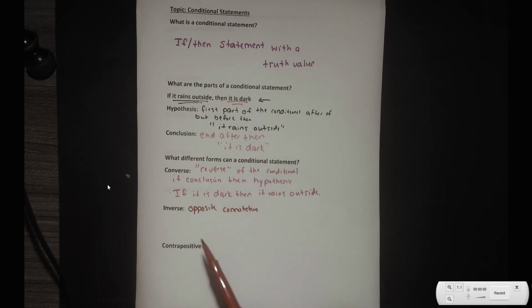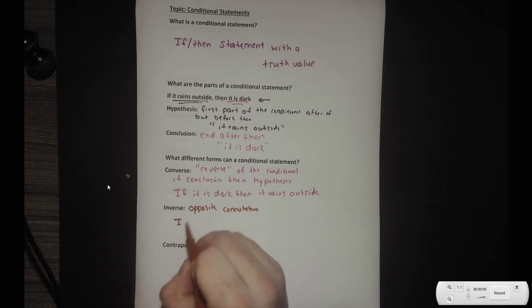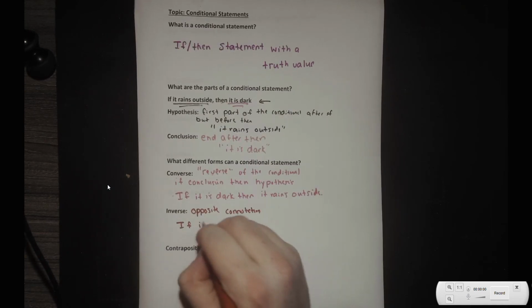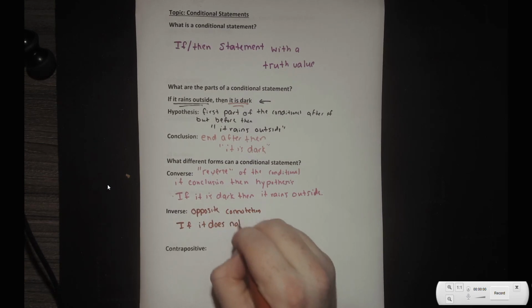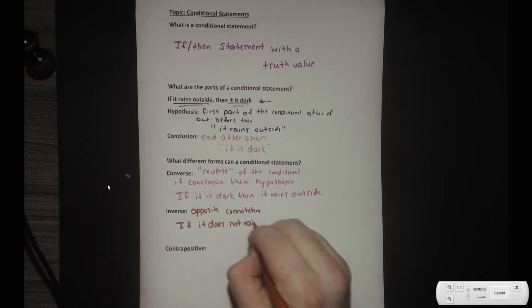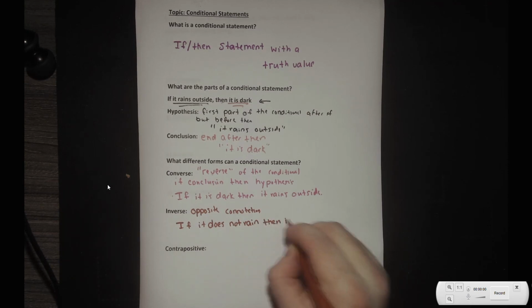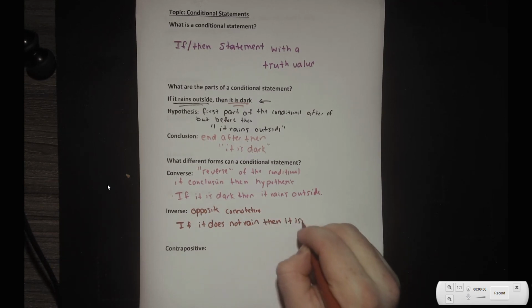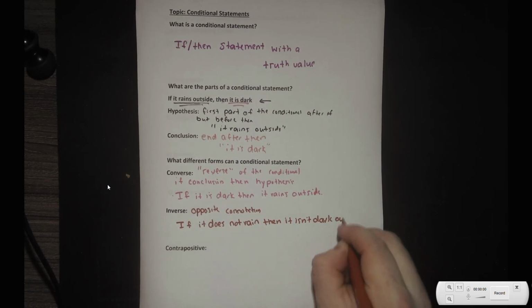So we're going to reverse that and say it does not rain outside. And the conclusion is it is dark. So we're going to reverse that and say it is not dark. So our inverse says if it does not rain, then it isn't dark outside.